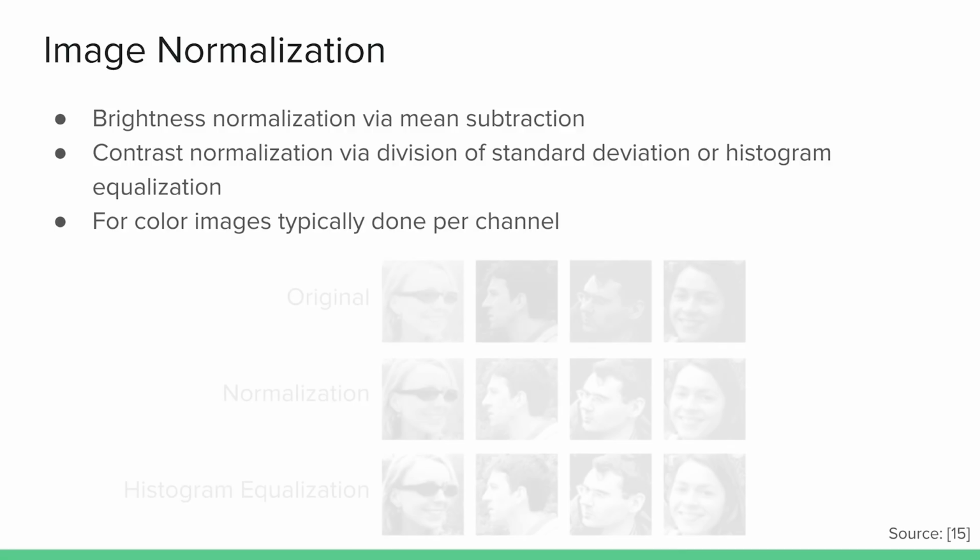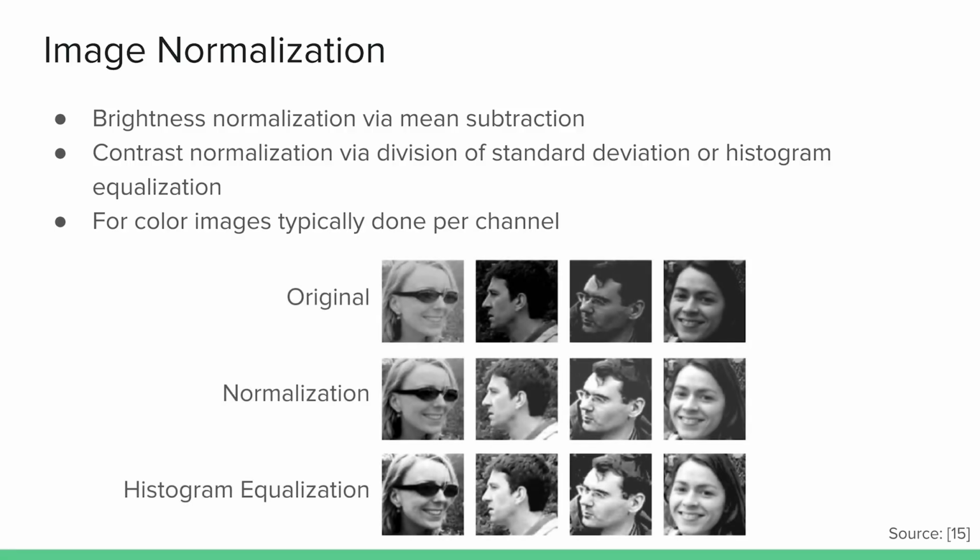For color images, what you're typically doing is doing it per channel. So here are some examples of your original, and then you apply some sort of normalization or histogram equalization, and you can see that the images now look much more like the others.